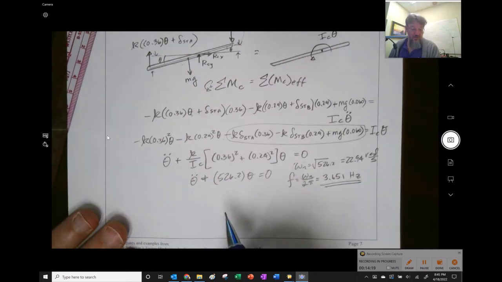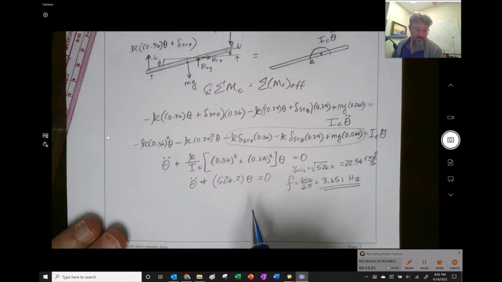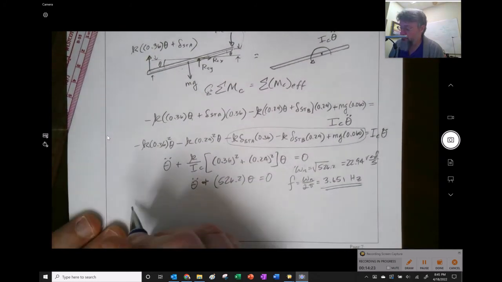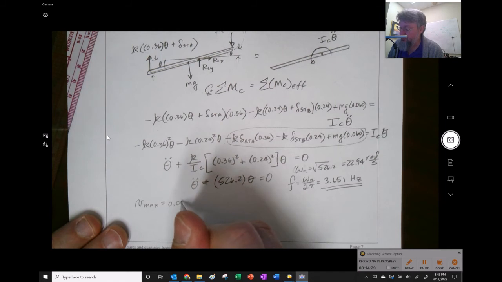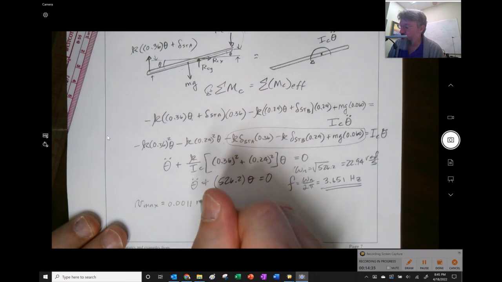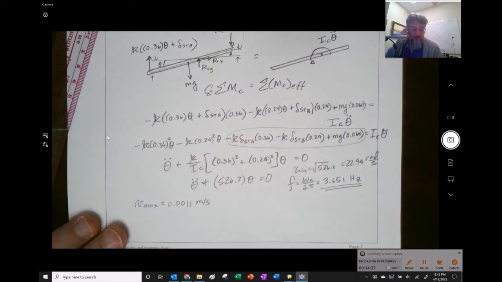And then part B, they say that the maximum velocity, so V max, is equal to 0.001 meters per second, right?